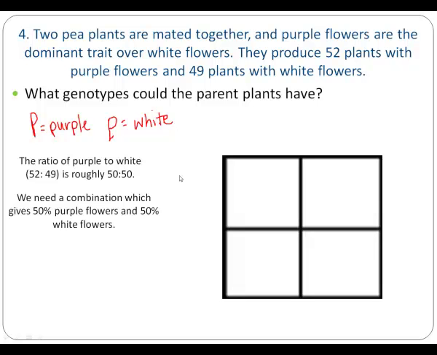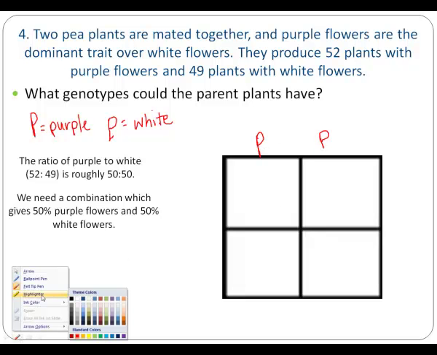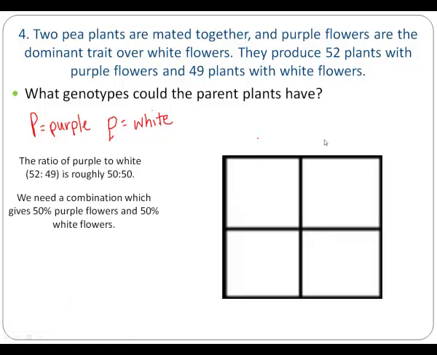So I need something that's going to give me 50% white and 50% purple. Right away, I know that I can't be big P, big P, because then all of my offspring would have to be purple. So that's no good. I know it can't be little p, little p, because then all of my offspring would have to be white. So I'm first going to try this.